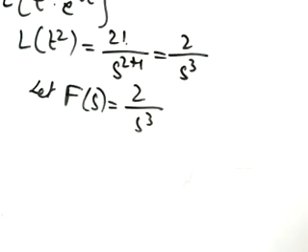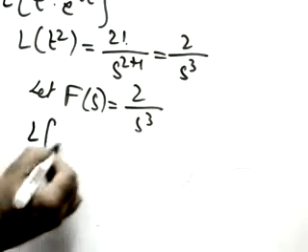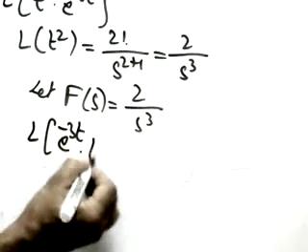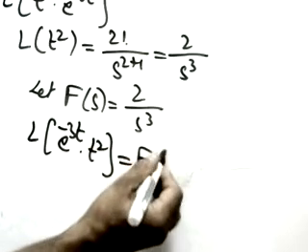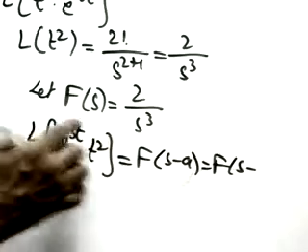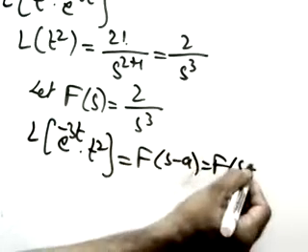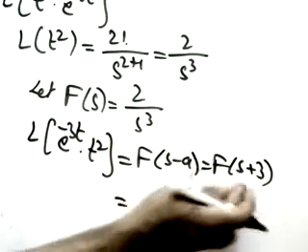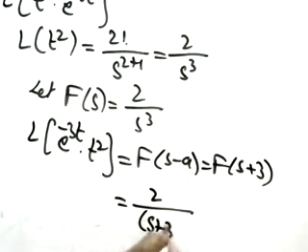Now when we include this e, the formula will become s minus a. So Laplace of e power minus 3t into t square, this formula will become F of s minus a. F of s minus, in place of a we have minus 3, again minus means plus, so in place of s you have to write s plus 3. 2 divided by s plus 3 whole cube.